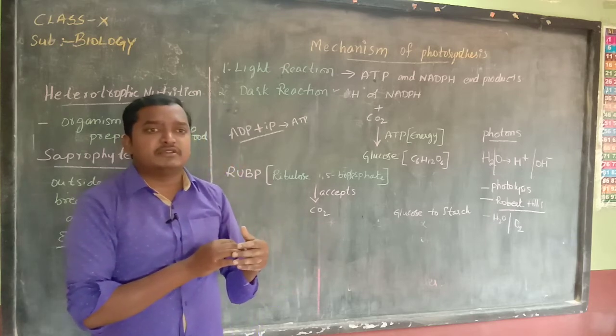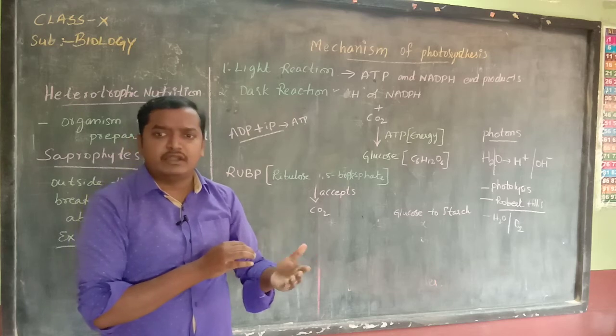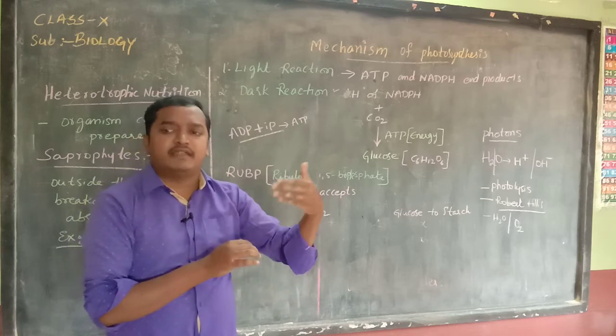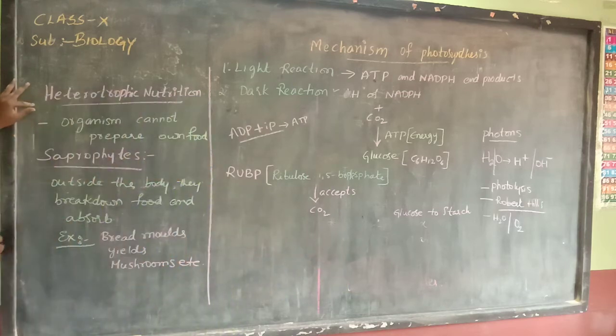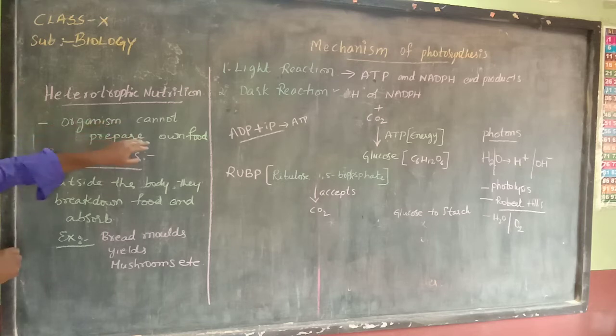Some of the organisms cannot prepare their own food; they depend upon other organisms for their food. Those are called heterotrophic nutrition. Heterotrophic nutrition means the organisms cannot prepare their own food.